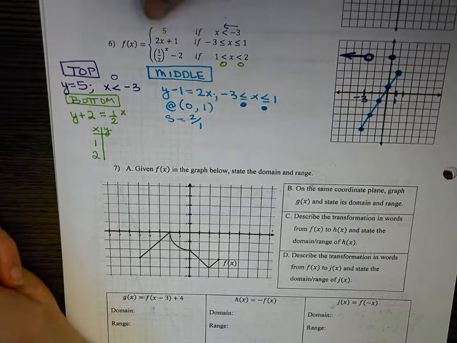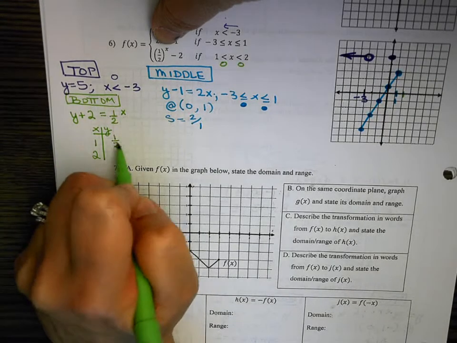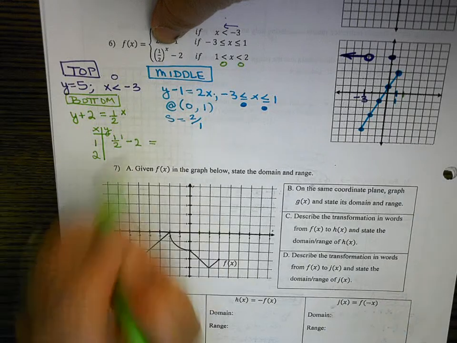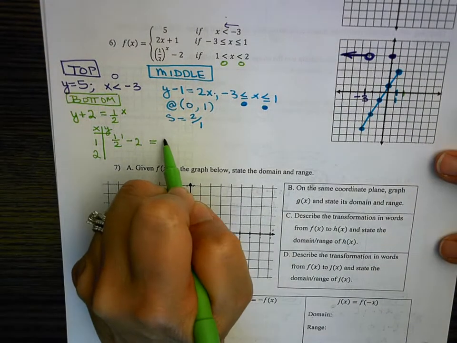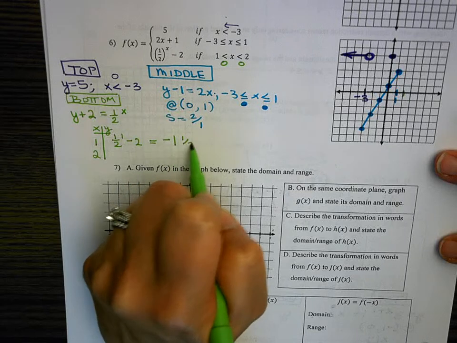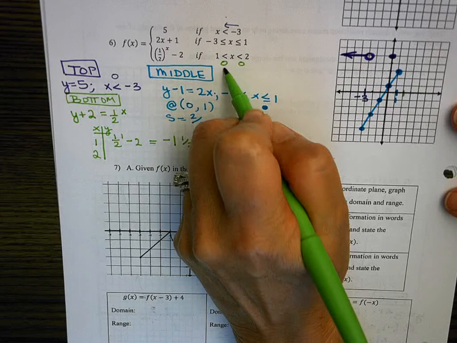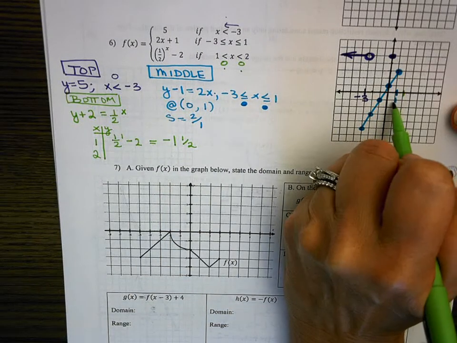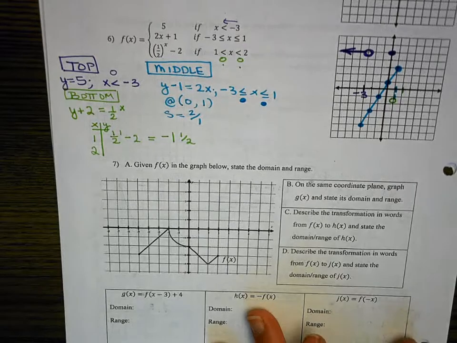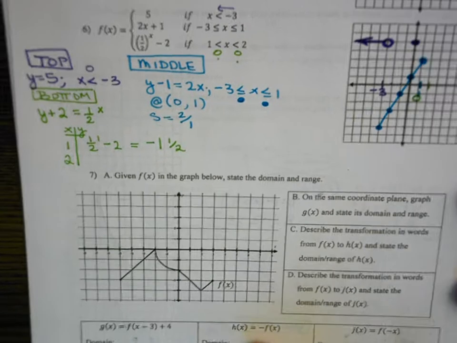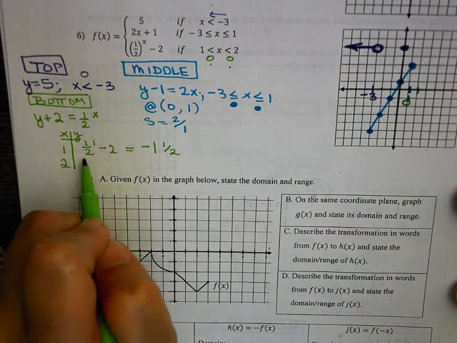So I'll evaluate this bottom equation at 1. So that's just 1/2 minus 2, which is -1.5. And again, it's an open dot for both of those. Let me zoom in just a bit and try to keep on the graph and the t-table at the same time. There we go. And then evaluate at 2.